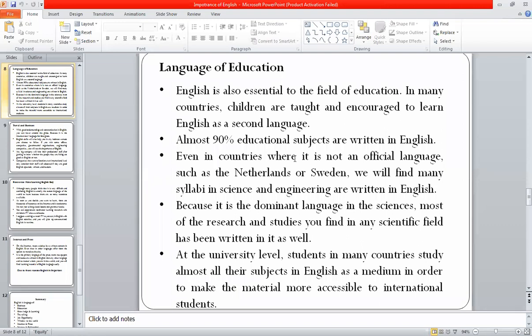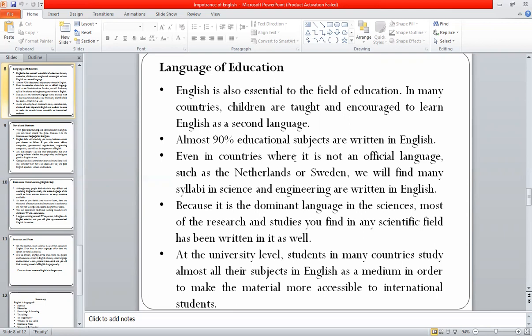Then at the university level, students in many countries study almost all their subjects in English as a medium in order to make the material more accessible to international students. So see this point, at the university level. All of you are at the university level. Okay, so you are undergraduate students now, and when you complete your graduation, you will apply for the post graduation.